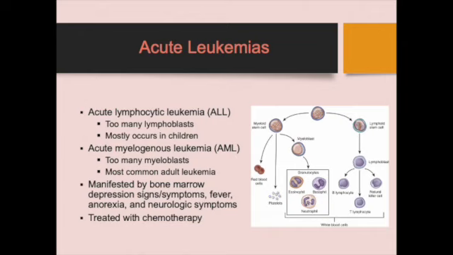AML is the most common adult type of leukemia. Acute myelogenous leukemia is due to genetic alterations or alterations in genes that encode the transcription needed for normal myeloid differentiation.